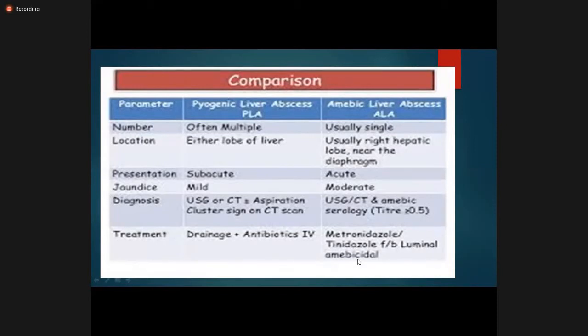So those are the differentiating features. Keep in mind that pyogenic liver abscesses tend to be often multiple, whereas amoebic liver abscess is usually single. That's one of the key points that helps differentiate: amoebic single, pyogenic multiple.